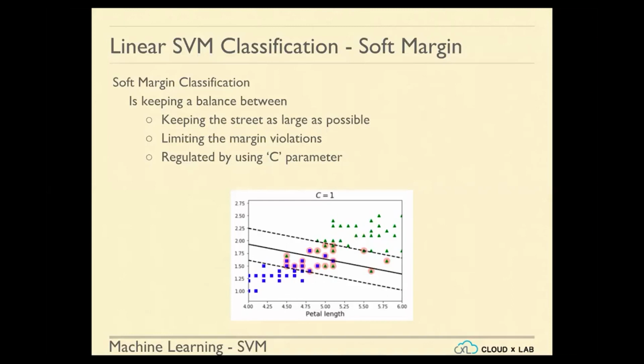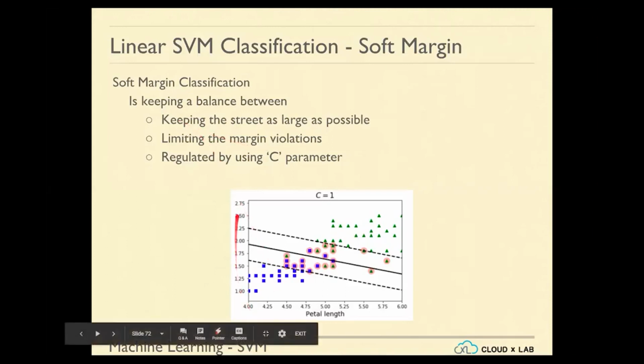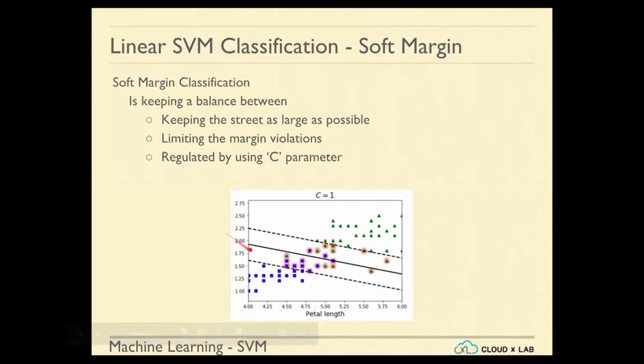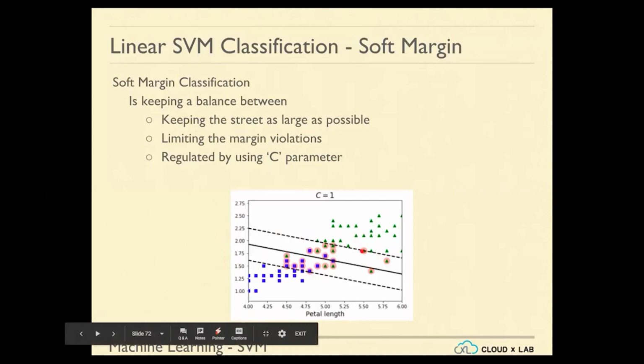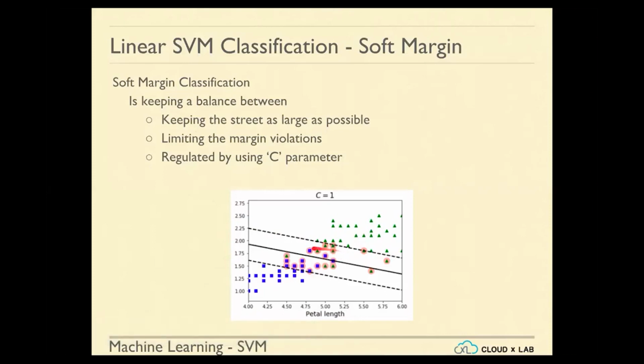Okay, so we have petal length and petal width. This is petal width and this is petal length, and we are trying to fit a street accommodating these margin violations. You can see that this has gotten into the boundary, this has gotten into the boundary, this has crossed the boundary, and so on.